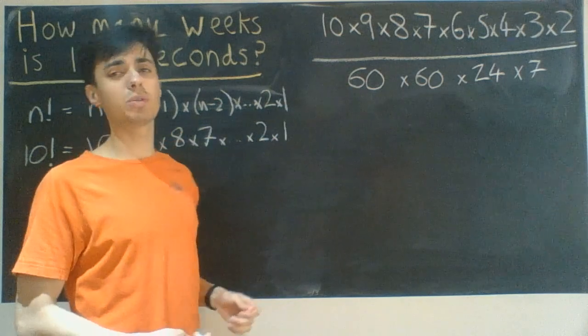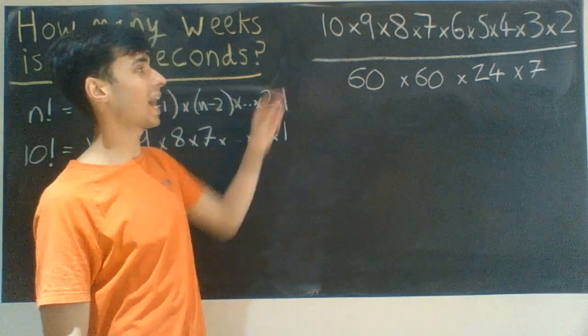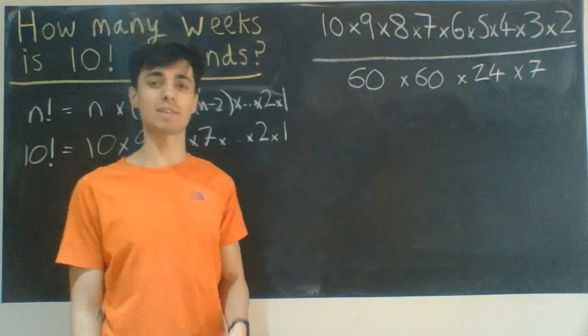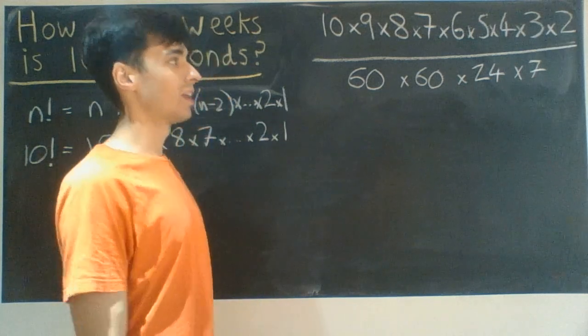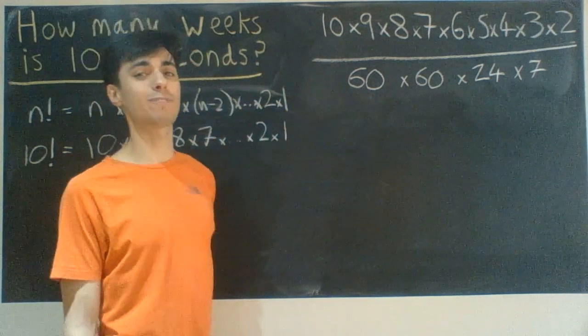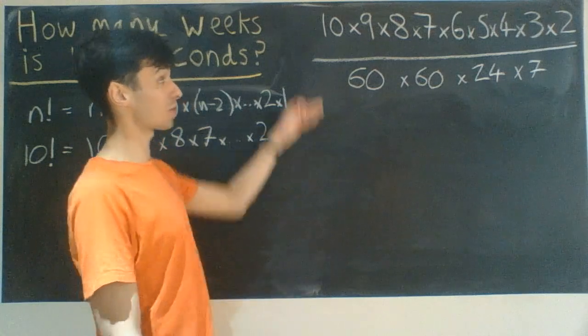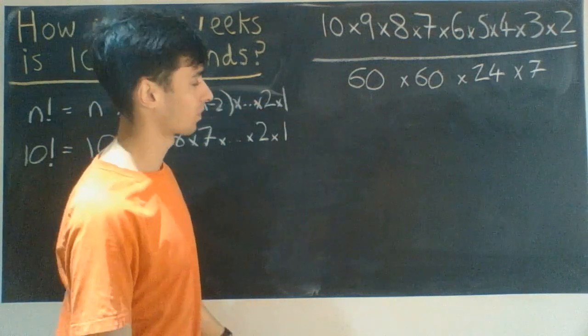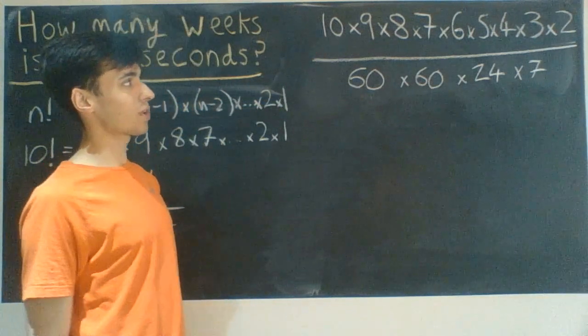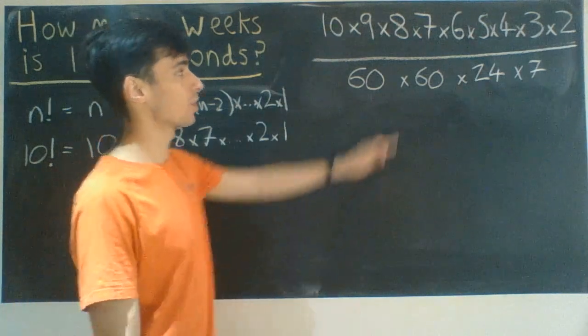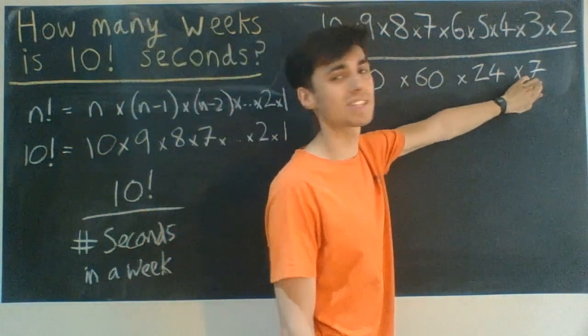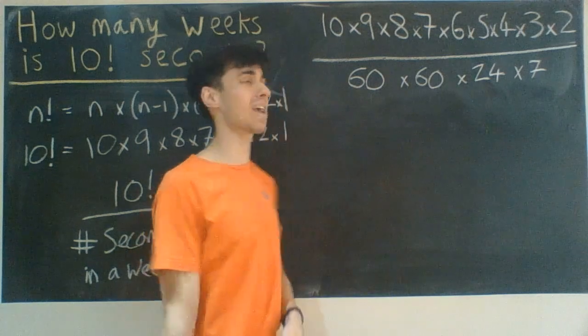Instead of trying to compute these massive numbers, what we can do is look for some clever ways to simplify this fraction. That should be us looking for common factors on both the top and the bottom of the fraction. One that sticks out straight away is that we've got a 7 on the top and also a 7 on the bottom. Let's just get rid of those two.